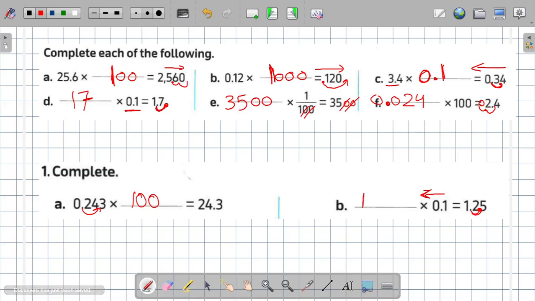So the original number, or the first number, was 12.5. So if I want to make sure that my answer is right, when we multiply this number by 1/10, I think we will get that number. Okay.